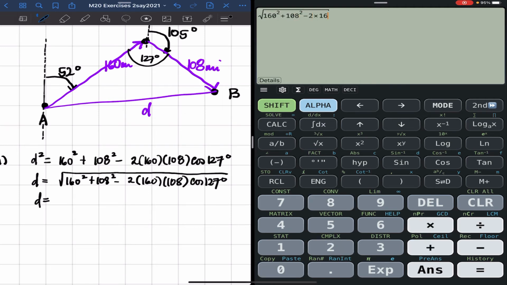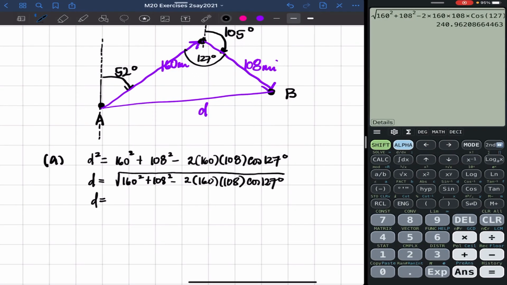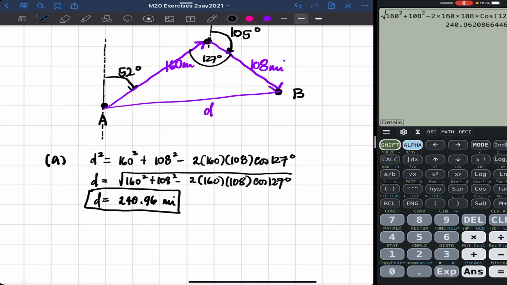Minus twice ng 160 times 108 times cosine 127. So, it's 240.96. Roughly, ganun yung value niya. 240.96 miles. Yan yung sagot natin sa A.